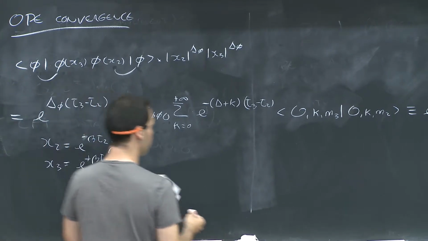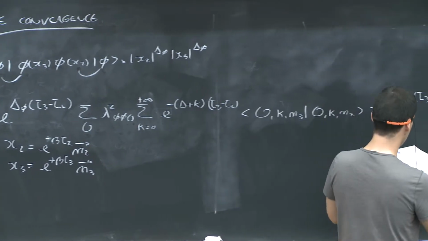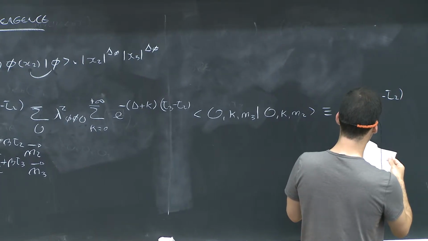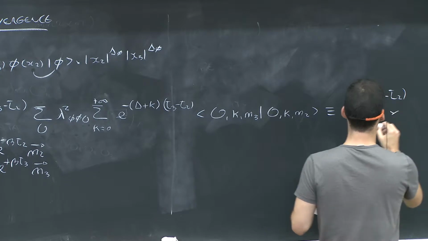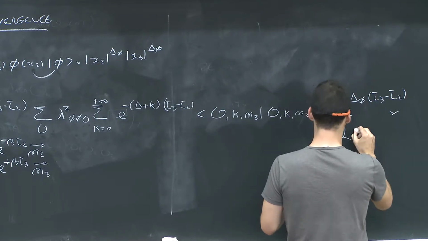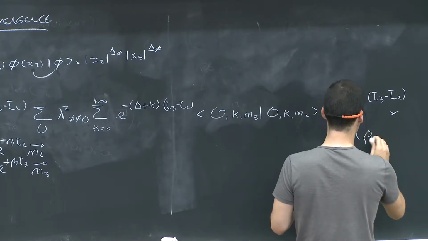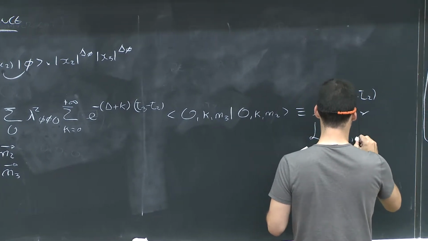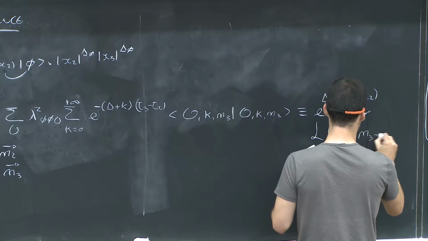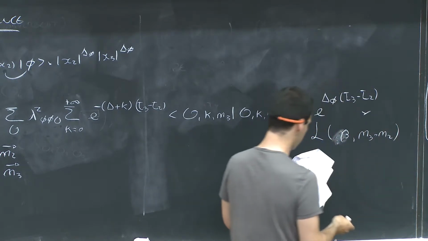I think it's probably this. Tau 3 minus tau 2 times, I'm going to call it L of beta, n3 dot n2. Okay?